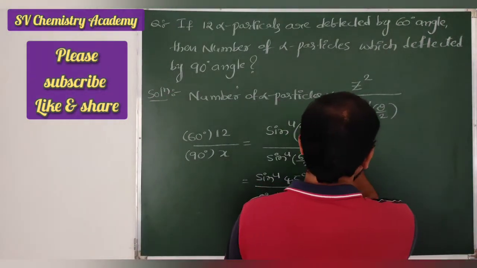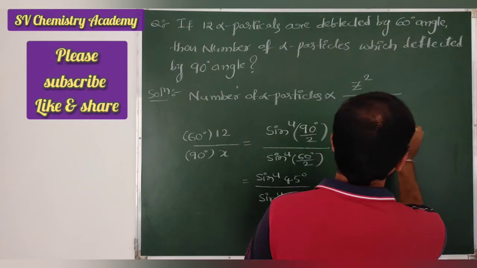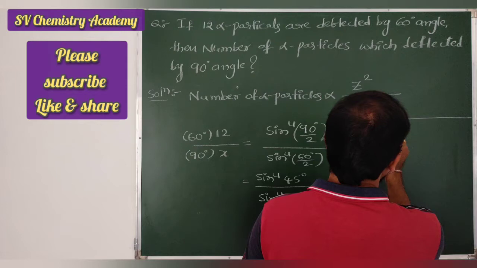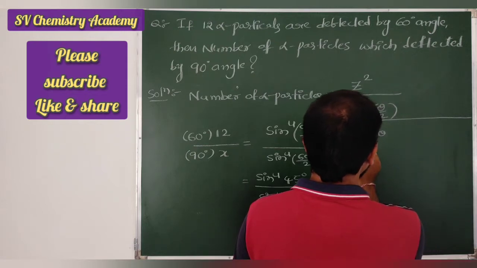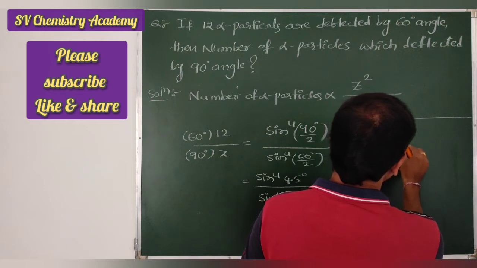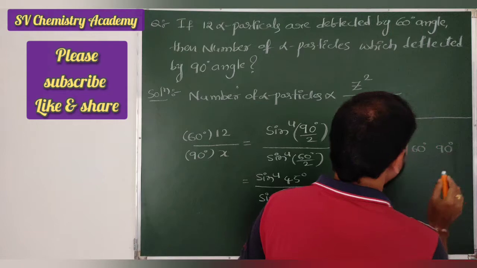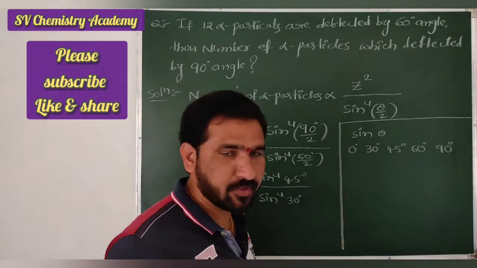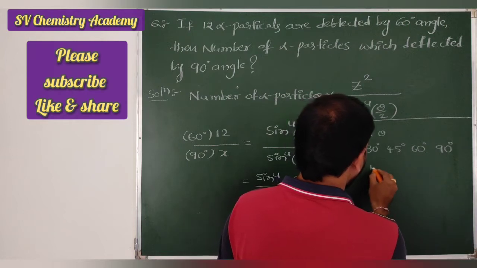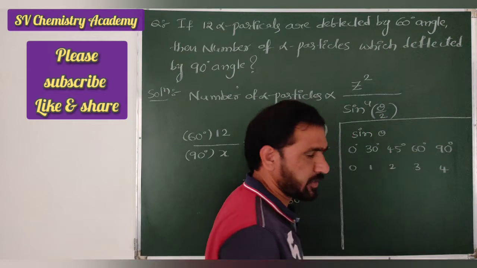Beta, if you see the sine values like this: sine theta value for 0 degrees, 30 degrees, 45 degrees, 60 degrees and 90 degrees. Remember 0, 1, 2, 3 and 4, like that you can take.